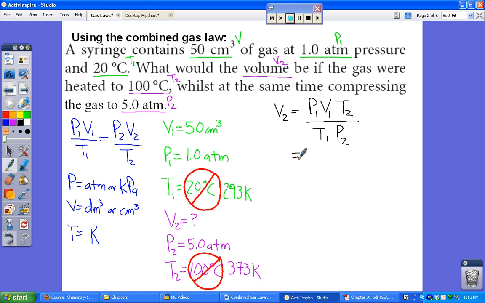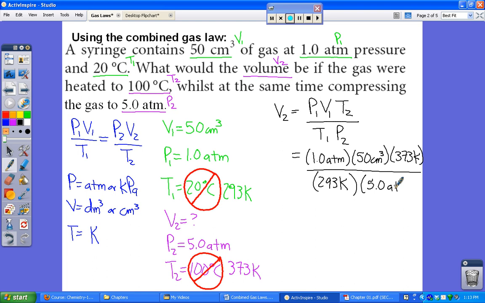P1 is 1 atmosphere, V1 50 centimeters cubed, T2 373 K, T1 293 K, times P2, 5 atmospheres.